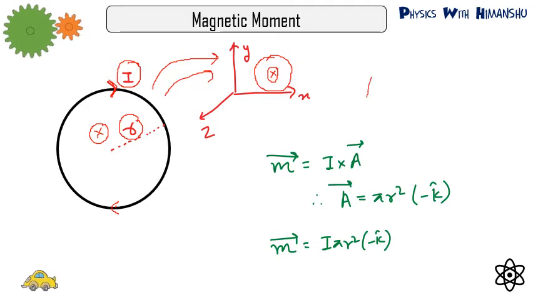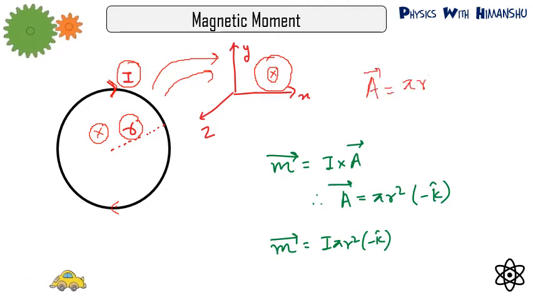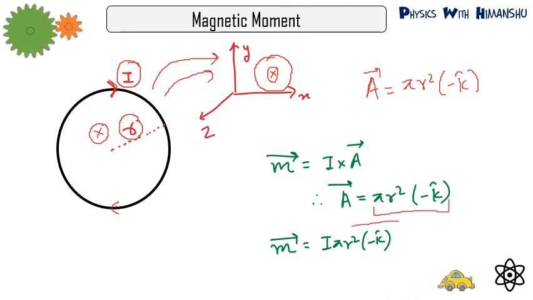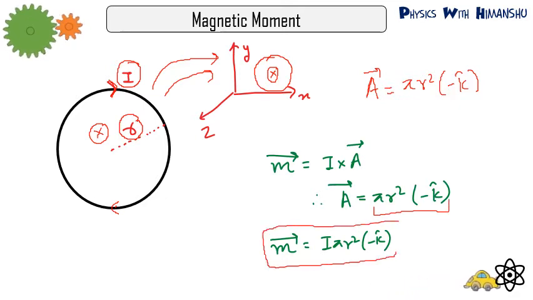So area vector will have the value of area, that is pi r square, and the direction of area vector will be minus k cap. So we'll put area vector to be pi r square minus k cap. Current is I. So magnetic moment is I into pi r square into minus k cap. Okay, so please remember this thing.